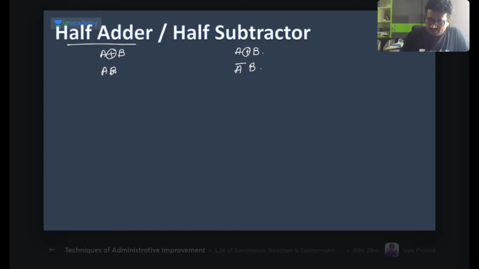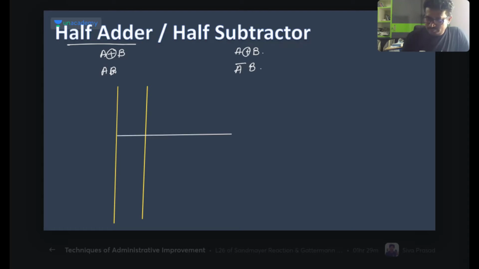I have taken this as my A and this as my B. Now I have taken an XOR gate.